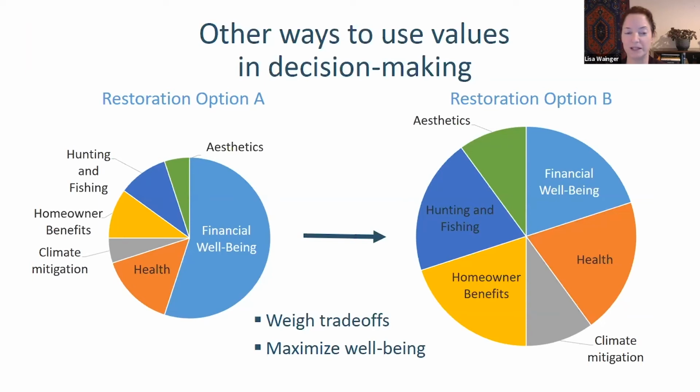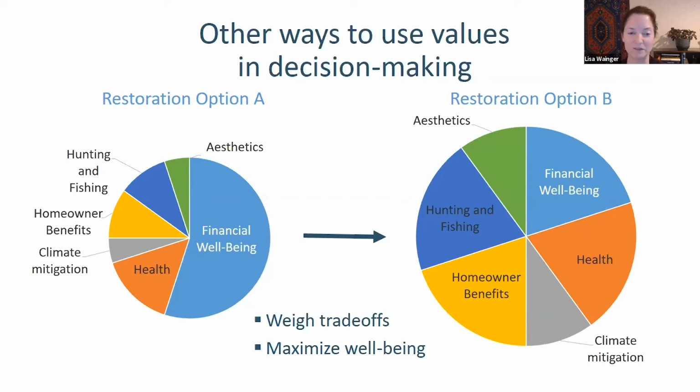So on the left-hand side, the pie is smaller to represent the fact that when you do the allocation of effort differently, you actually get a bigger pie of benefits. You spend a lot less and you get almost the same benefits. So looking at these bundles helps us weigh the trade-offs and maximize well-being.